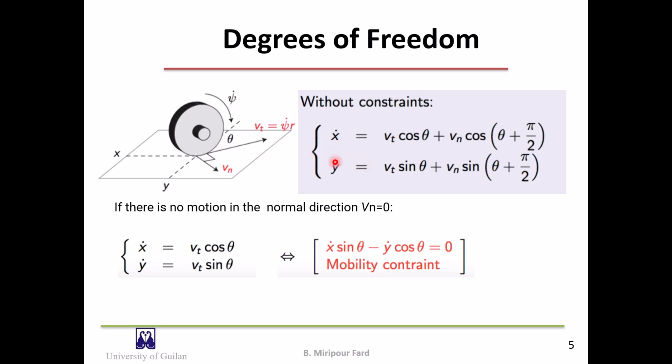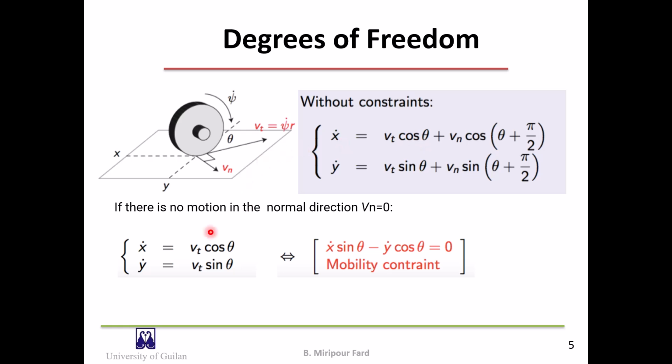X dot equals vt times cosine of theta plus vn times cosine of theta plus pi over 2, and y dot equals vt times sine of theta plus vn times sine of theta plus pi over 2. If there is no motion in the normal direction, Vn equals 0, so Vn is omitted in these equations.